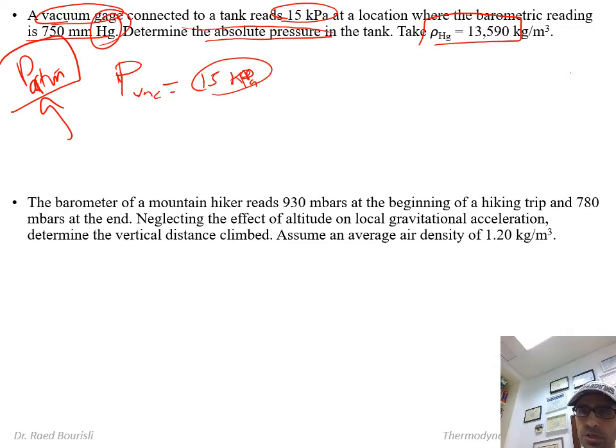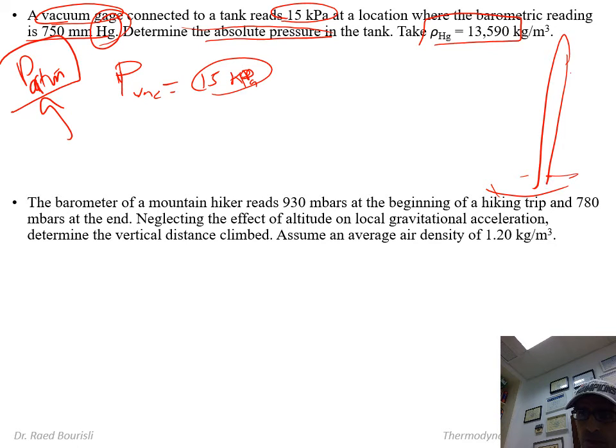Oh, it says mercury. So basically, if you remember the barometer, it looks like this. When I see the weight of this with length 750, I'm going to go back to the basics. This is 750 millimeter of mercury. Then I know the P atmospheric here, this is connected, so the pressure here is the same pressure here, so the P atmospheric is equal to this.